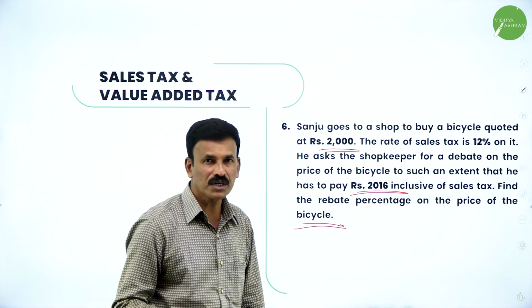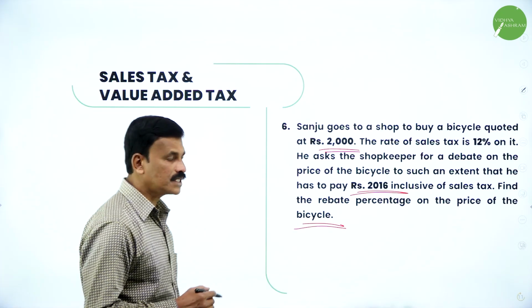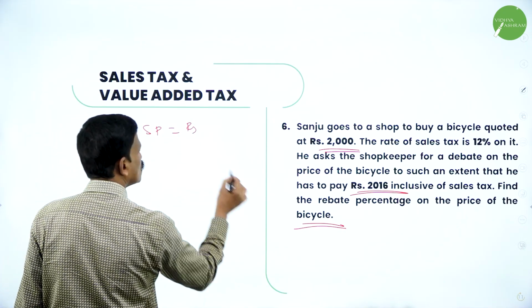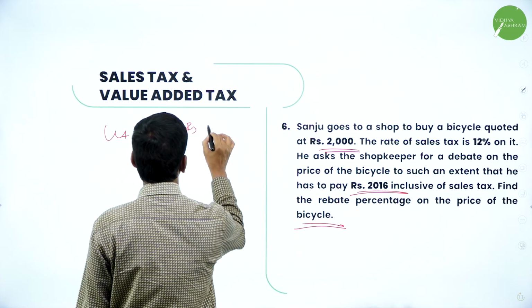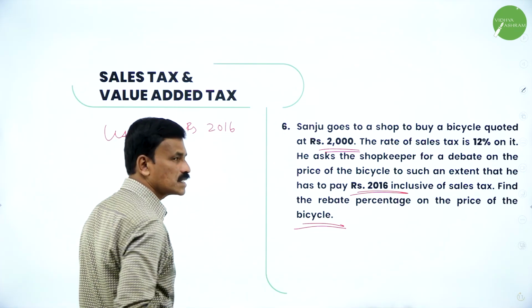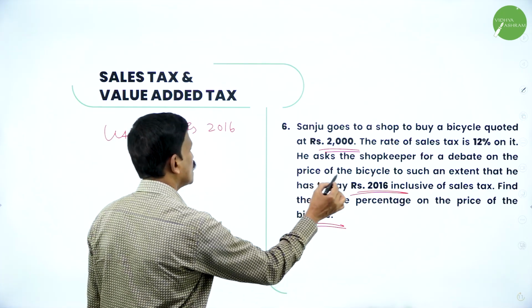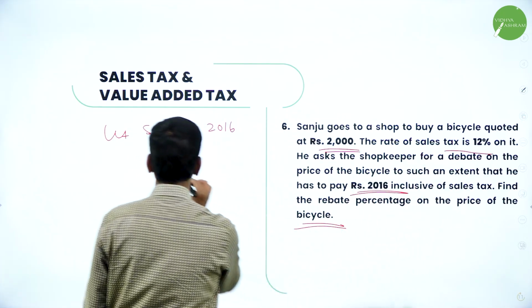Very simple and important. Now what is given here? SP is equal to rupees 2016. Right. This is SP. Now what is the sales tax? Sales tax is equal to 12%.